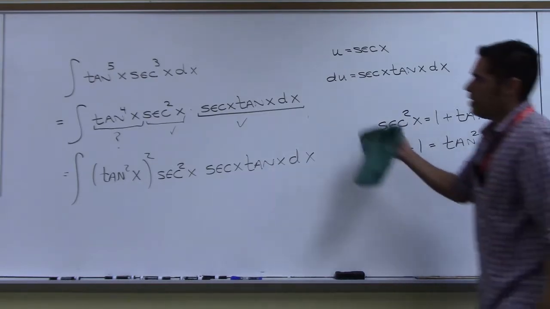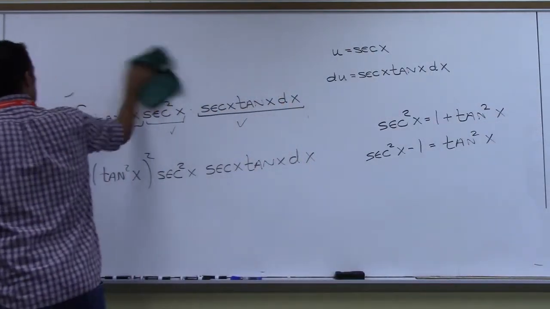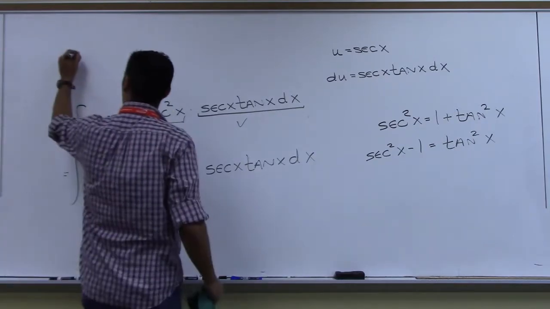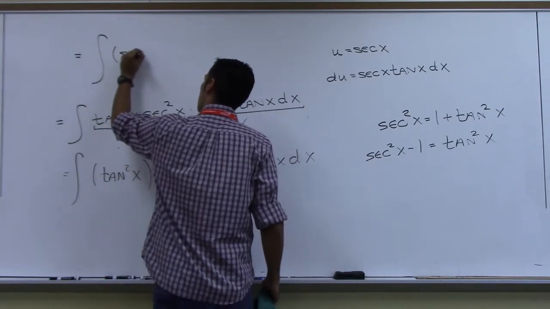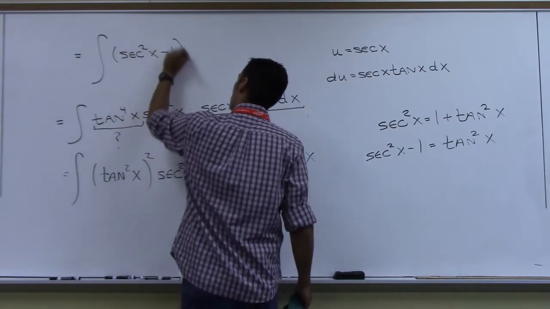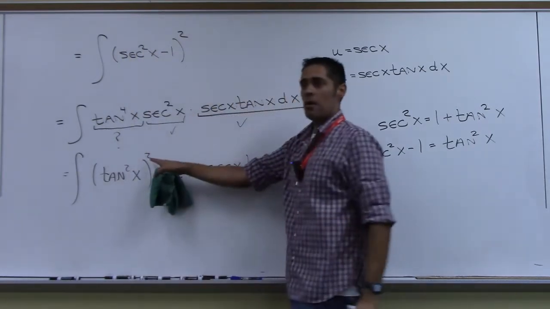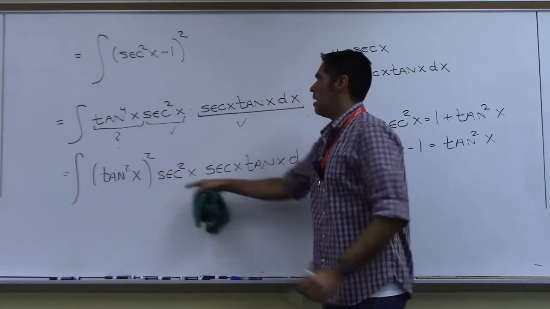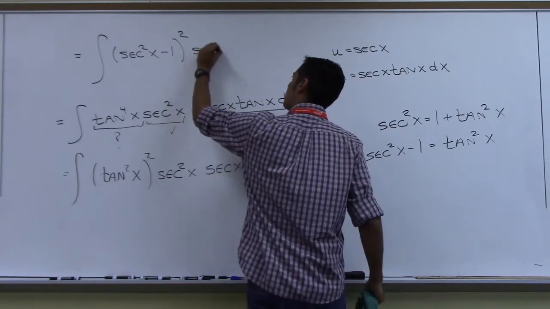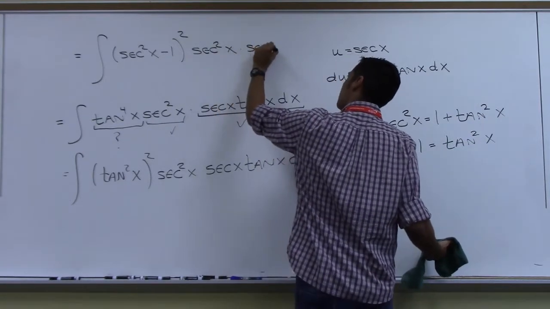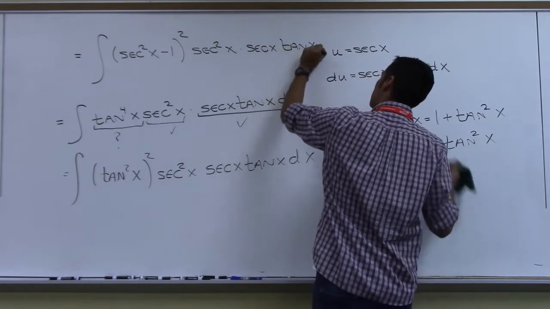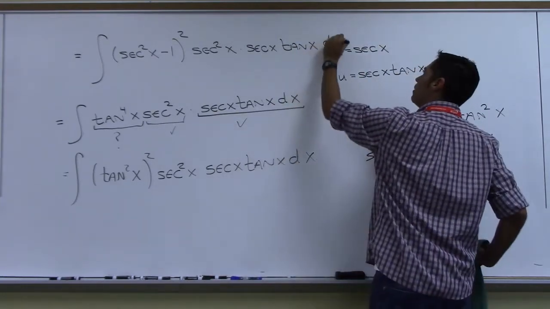So replacing tangent squared x with secant squared x minus 1, and then it's squared, right? It has this squared on it. And then the next one is secant squared x. And then I have secant x, tangent x, dx.